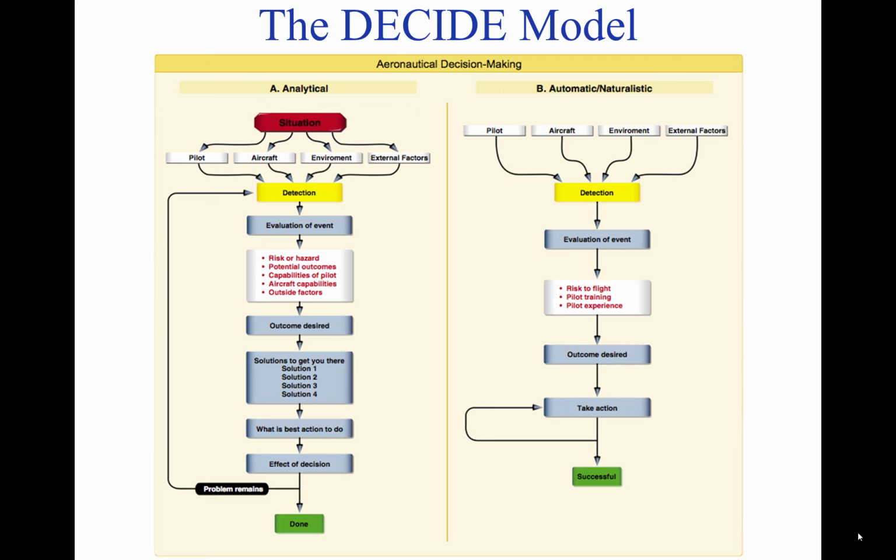The terms naturalistic and automatic decision-making have been coined to describe this type of decision-making. The ability to make automatic decisions holds true for a range of experts from firefighters to chess players. It appears the expert's ability hinges on the recognition of patterns and consistencies that clarify options in complex situations.